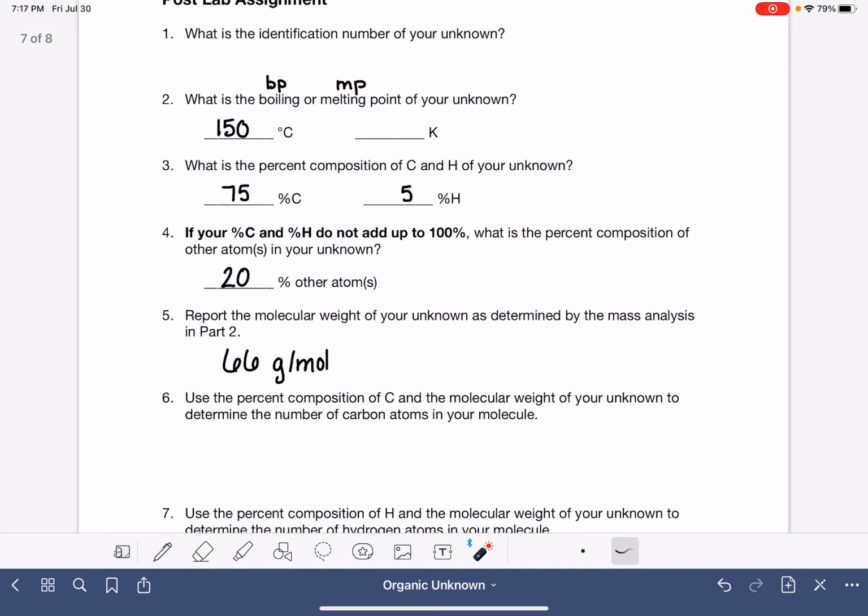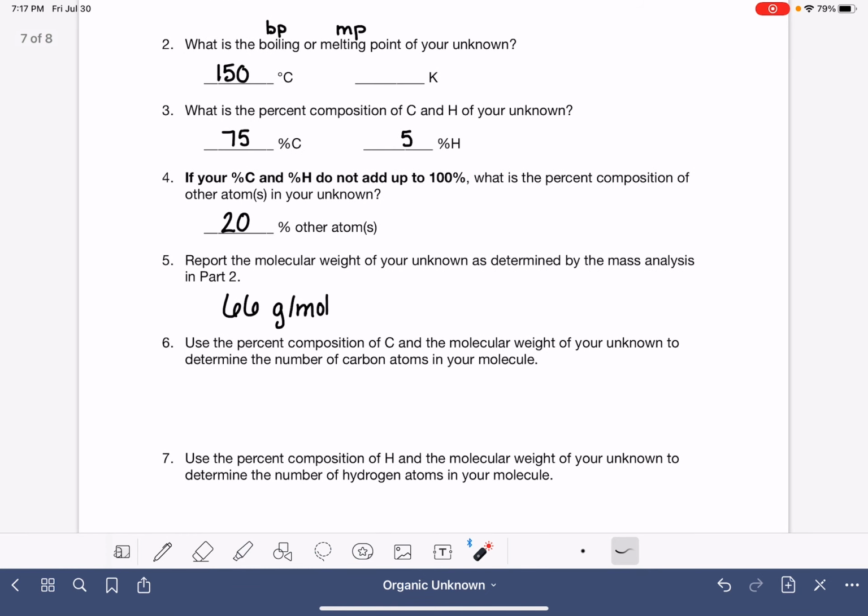Once you get your molecular weight, you're going to calculate the number of carbon atoms in your molecule. You don't have to calculate the number of individual atoms. You can just calculate the number of moles of carbon atoms in your molecule. You're going to do that by taking the molecular weight of your molecule. So your molecule is 66 grams per mole, and you're going to multiply that by the percentage of the molecule that is carbon.